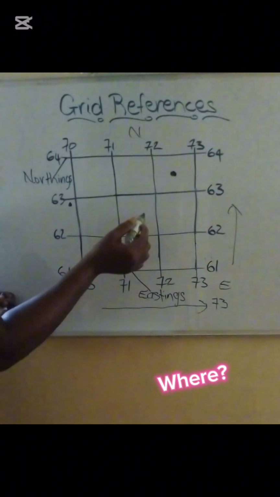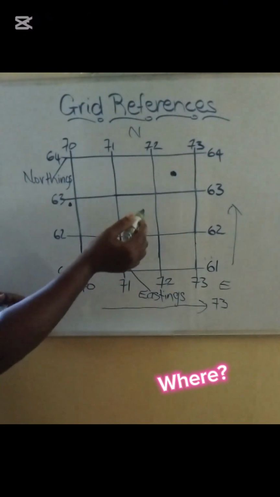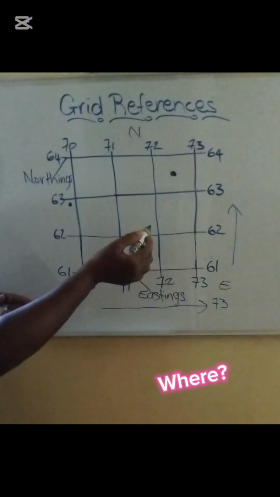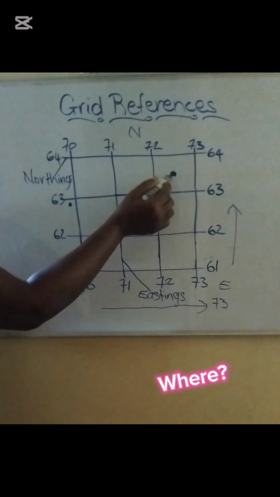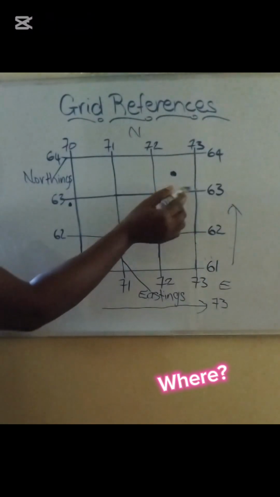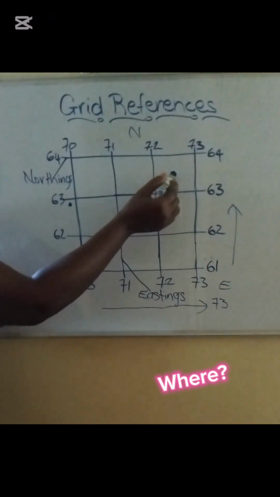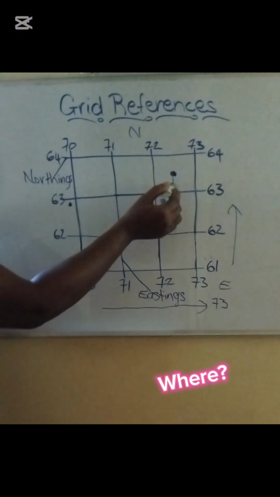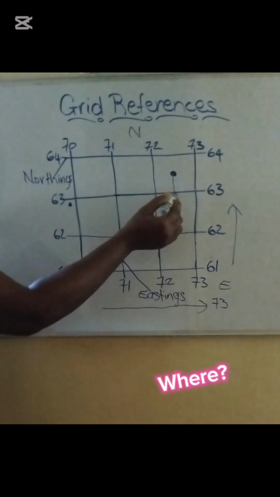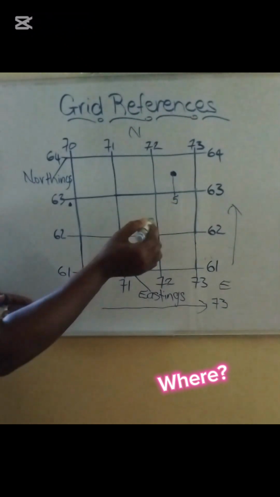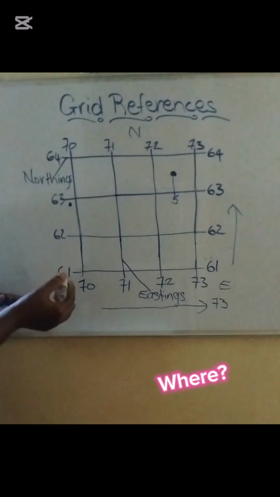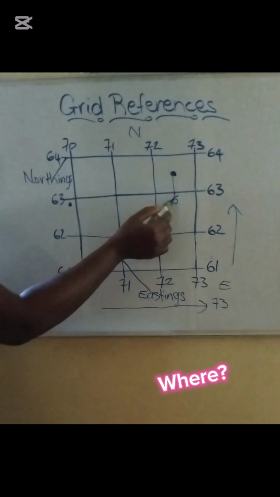Okay, so like I said, we're segmenting the grid, right? So it's right here. We can see that this is 72, this is 73, and we can see that it is just about halfway. If we were doing math, we would know it's 0.5, but we're not doing math. So we will not have any points, but we know that this is 5.